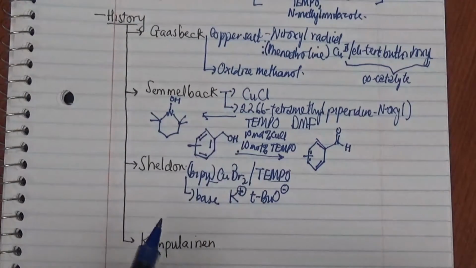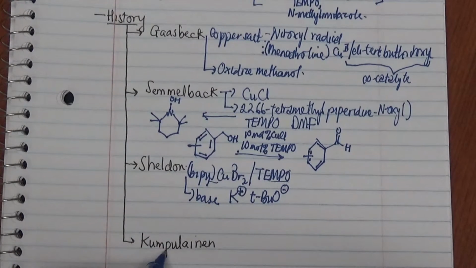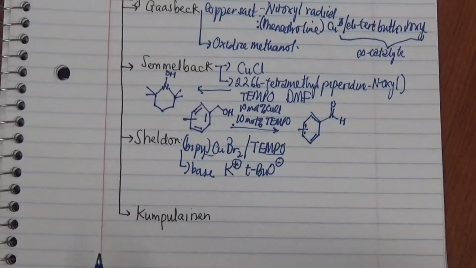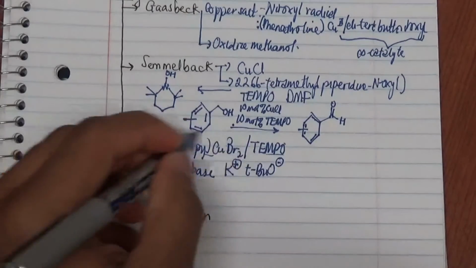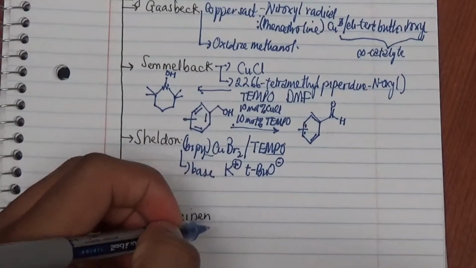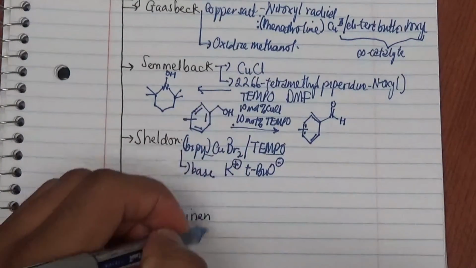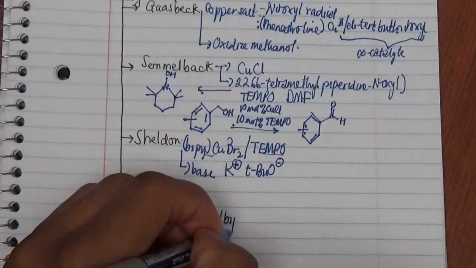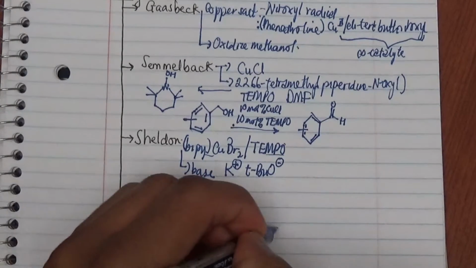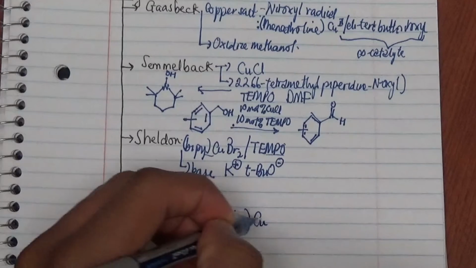Now finally, the one we're going to be focusing on, and the mechanism for this is by Koskinen. What Koskinen did was that he replicated this process, but in this part he changed bromine in here. So in here he used bipyridine as a ligand in the presence of copper.